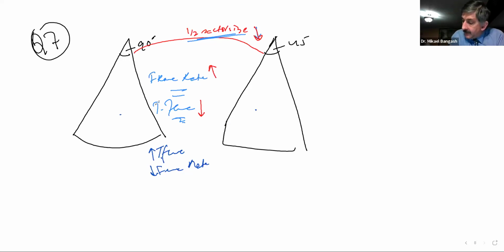So let's look at what options we have. The temporal resolution is doubled. That would mean the frame rate would have been doubled.